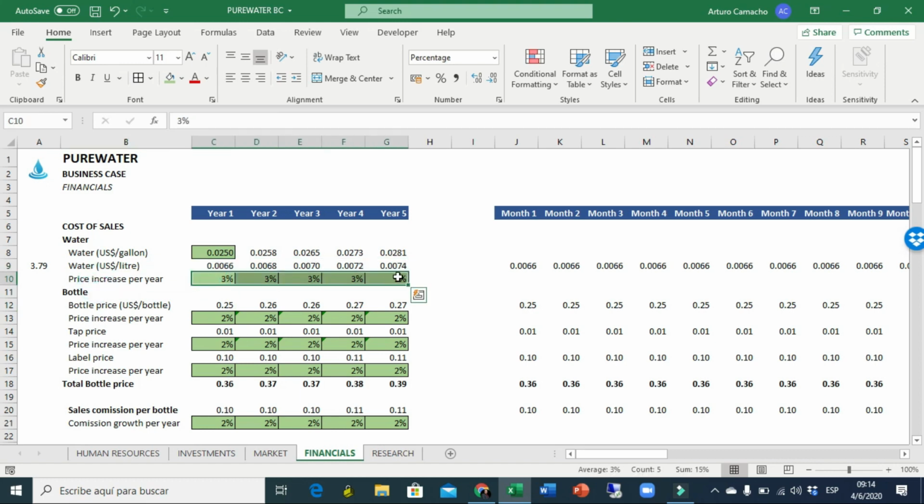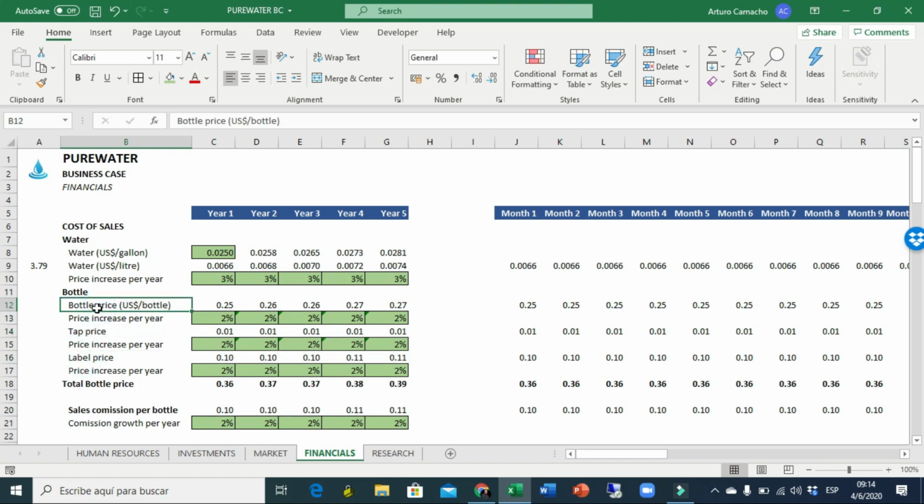I heard a blog about a water expert. He was telling that a 3% increase per year is mainly what they are seeing in the past few years. And the bottle price is divided in the bottle itself, the cap price, and the label price.